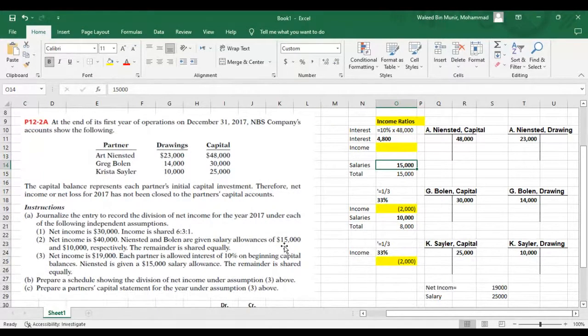Then the remainder is shared equally. First of all, we'll find what is remaining. How much income he will get, we don't know, right? So the other partner, his interest will be based on his capital of 30,000, right? Yes, it will be 3,000.